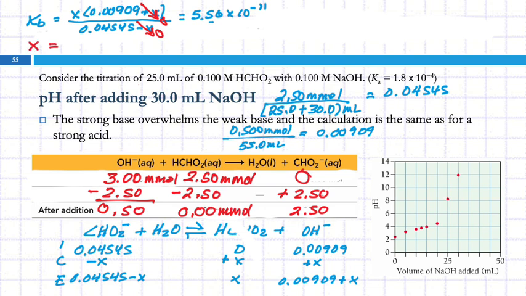So then x is going to be equal to our Kb, 5.56 times 10 to the minus 11, times 0.04545 and divided by 0.00909. 2.78 times 10 to the minus 10.